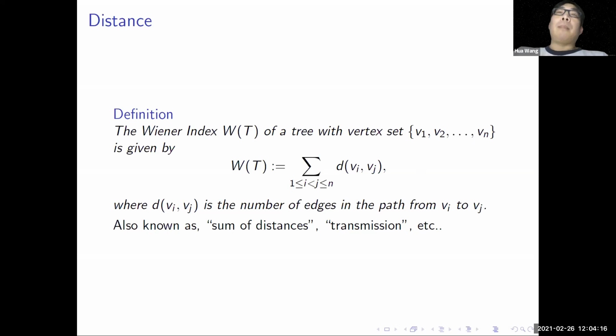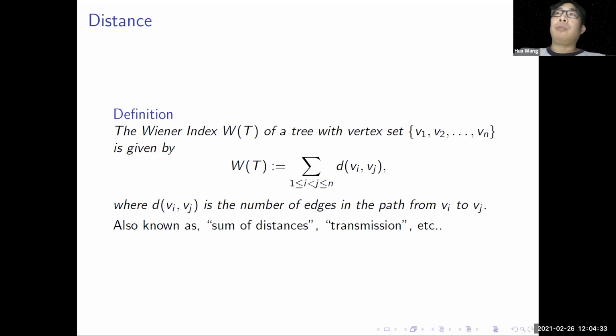So there are many graph invariants, and you will see, but I will start with one that I first heard of when I was in grad school, and it is called the Wiener index. It has more than 10 names probably, and the definition is very simple.